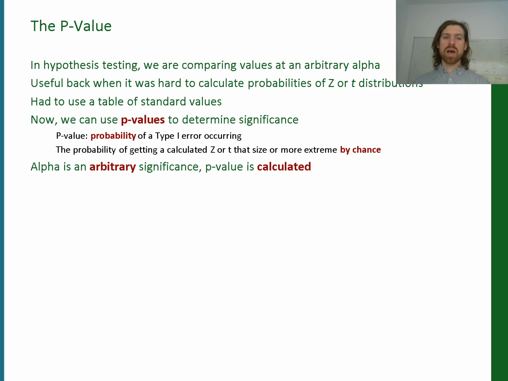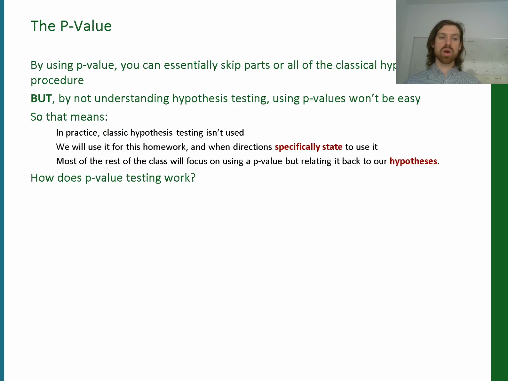One thing I want to emphasize is that the probability of a type 1 error occurring is equal to the alpha value, the p value. And often this is arbitrarily set, as I've already said. So let's move on. By using the p-value, you can essentially skip parts or all of the classical hypothesis testing procedure.